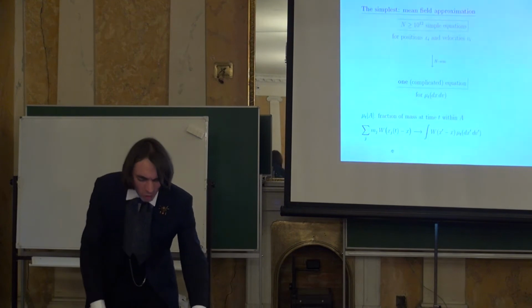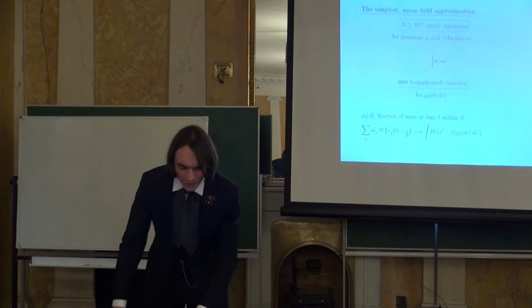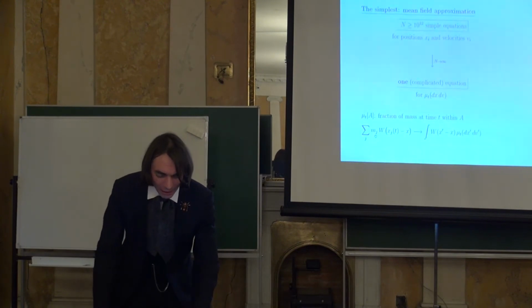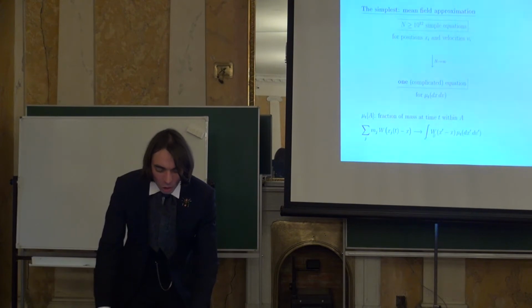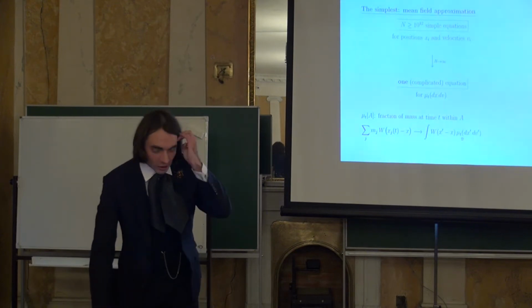So for instance, if I want to compute at point x the gravitational potential which is created by all the other stars or all the other planets, I will replace this discrete sum by the continuous sum with respect to the probability measure mu t.